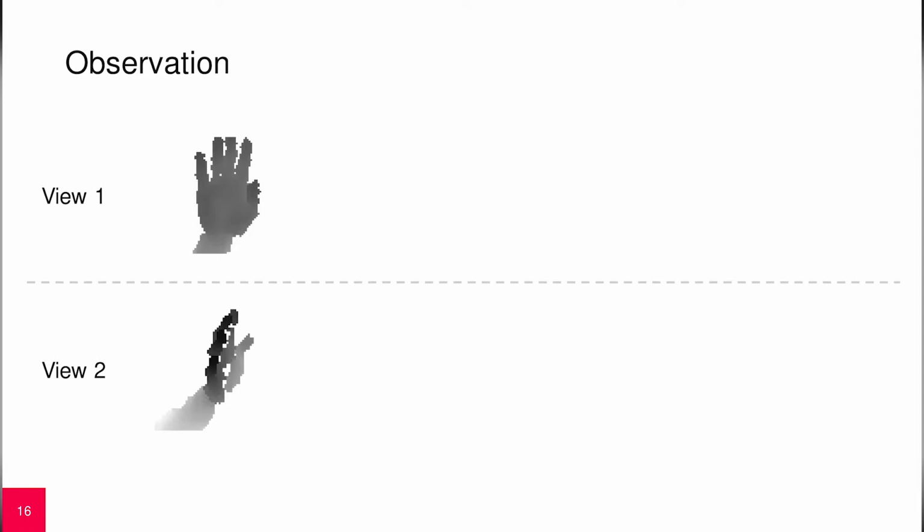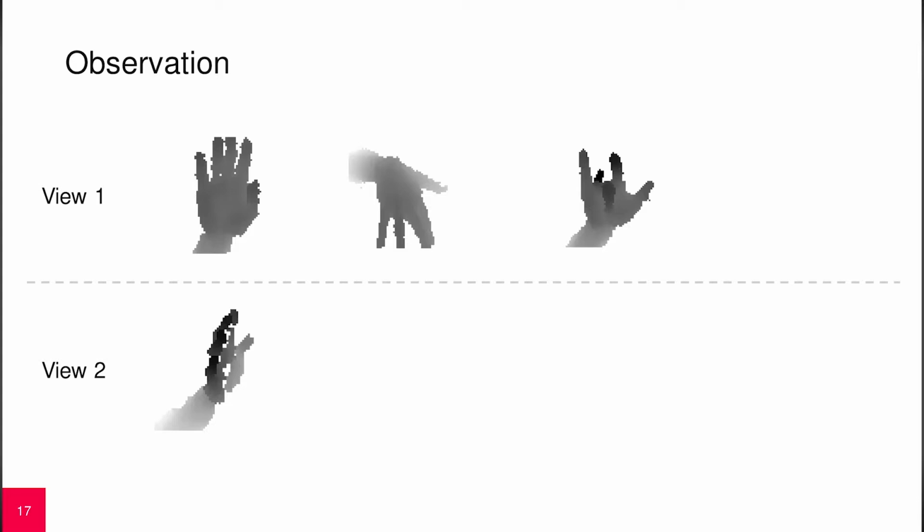And the observation we find here, which we can exploit to make use of this data without labels, is that if you know the pose, you can imagine how the hand would look from any viewpoint. So if I give you two other hand poses, you can probably imagine already how these images would look from the other viewpoint.